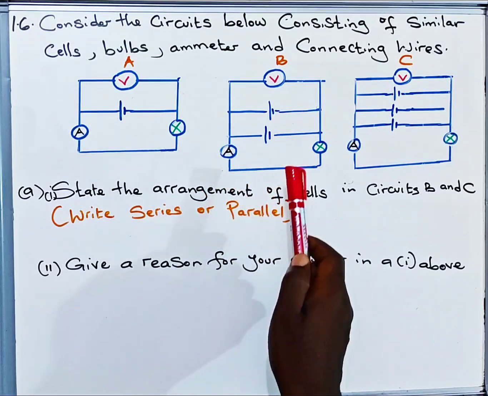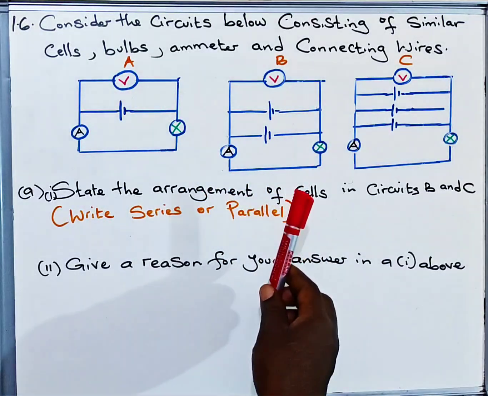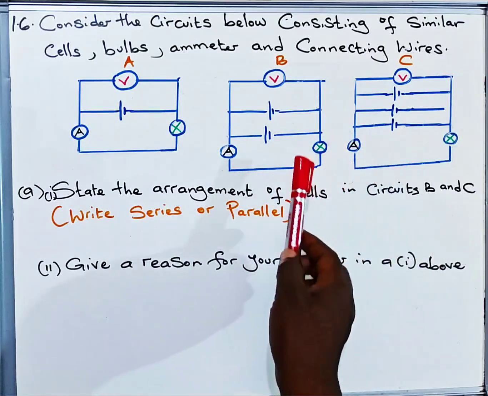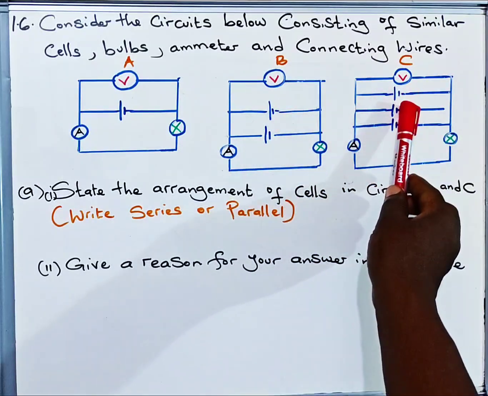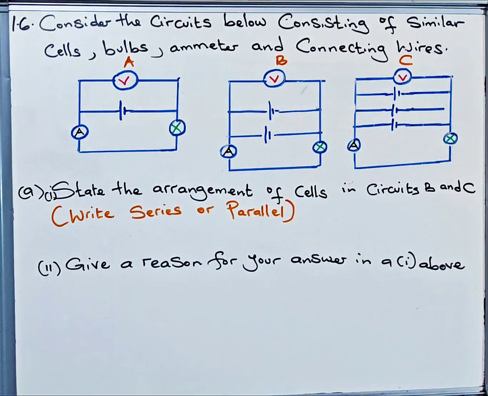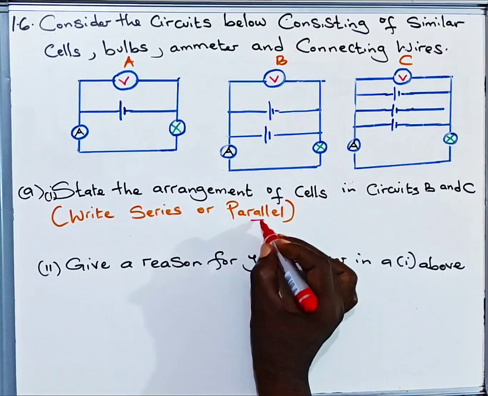What arrangement are these? This is B and C, and we have these cells arranged as shown above. The answer is parallel.